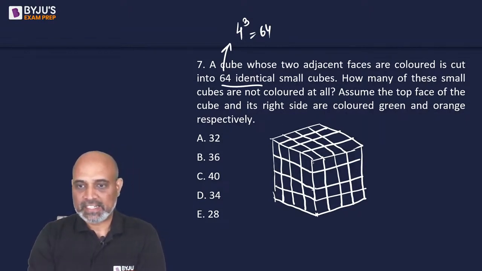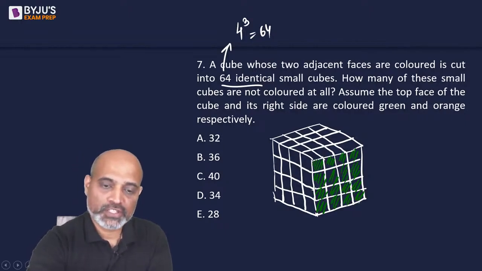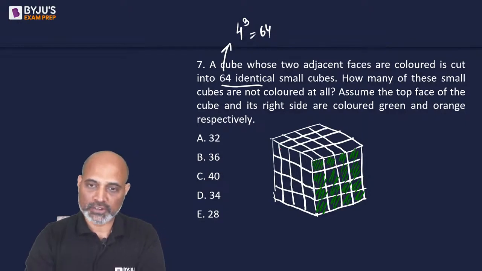the right side is colored green, so this is colored green. Okay. And then we have a face that is colored orange. I don't have the orange color, so I'm going to color it red.